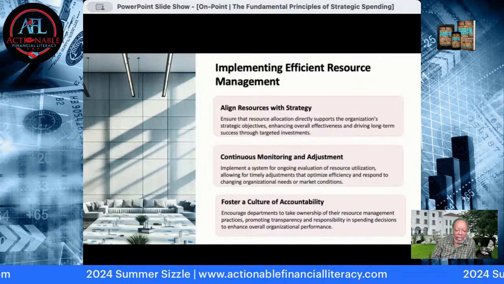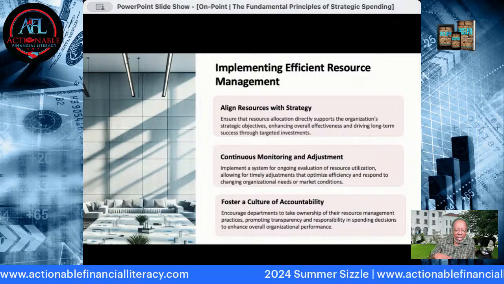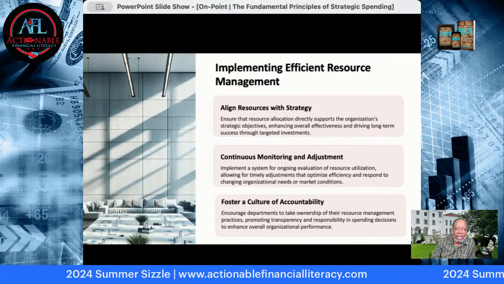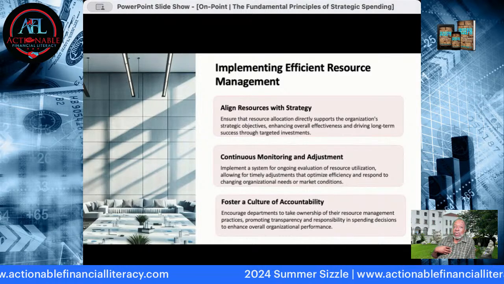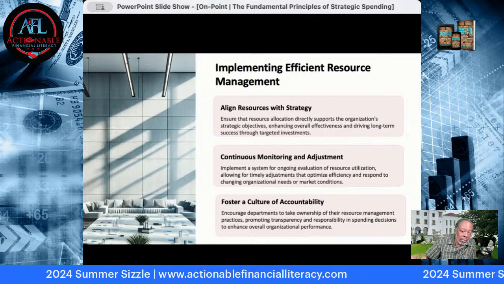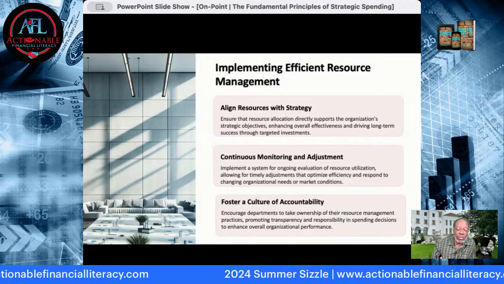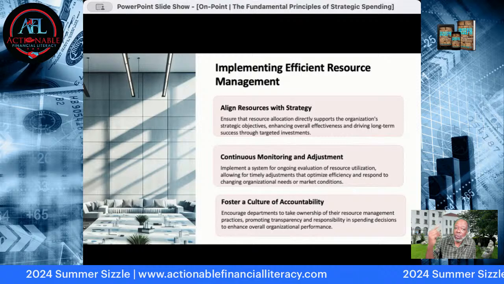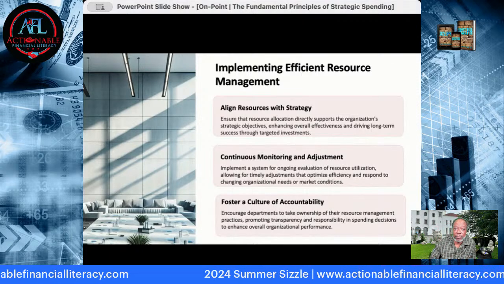All right, implementing effective resources as a management. You want to align your resources for strategy, continuous monitoring and adjustments, and foster a culture of accountability. And that culture of accountability is for you as a business owner, and for your members, your partners that are in business with you, because those resources and those strategies have to align with making sure that you're on time, on budget, with making your business operate.